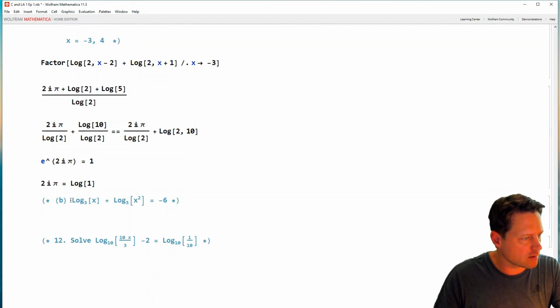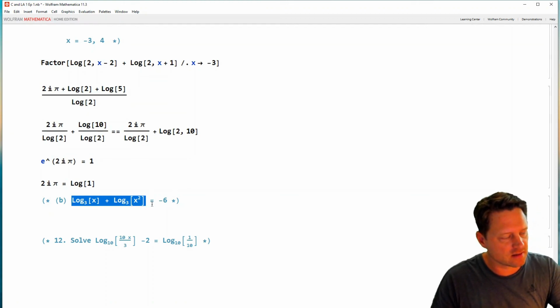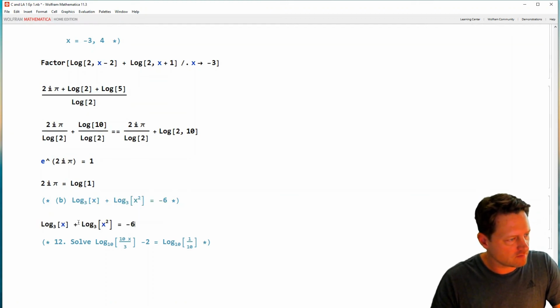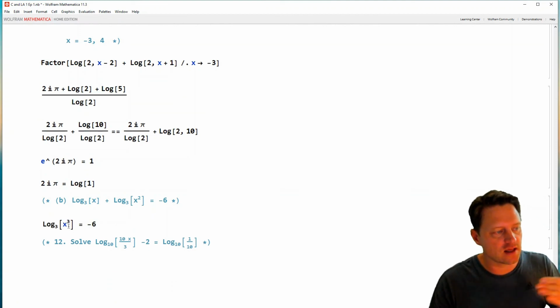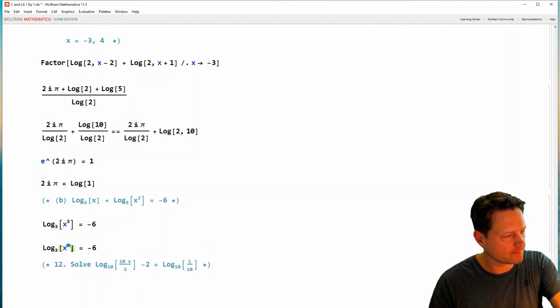We have a sum of 2 logs to base 3. Okay, so we're going to take the product here of those. So that'll be log to base 3 of x cubed is minus 6, and then the log rule says that we can pull this 3 down and put it in front. Okay, so we'll do that next. So we have the 3 there.